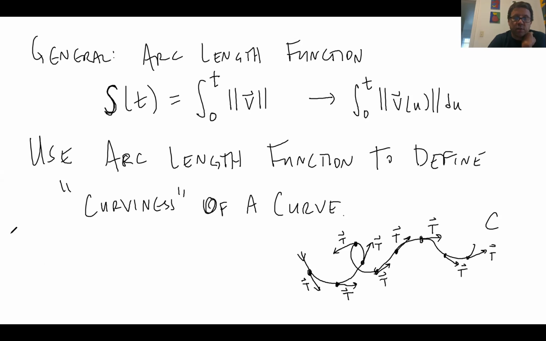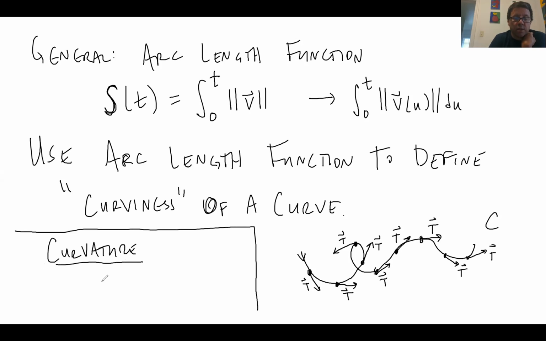And so here's the actual definition of what's called curvature. You take how much the tangent vector changes every time the arc length function goes up by 1. And how do you do rate of change? You're like, no, don't do it, it's going to be ugly. And the answer is, yeah, you do a derivative. You take the derivative of the tangent vector per unit length, which is this new thing s.